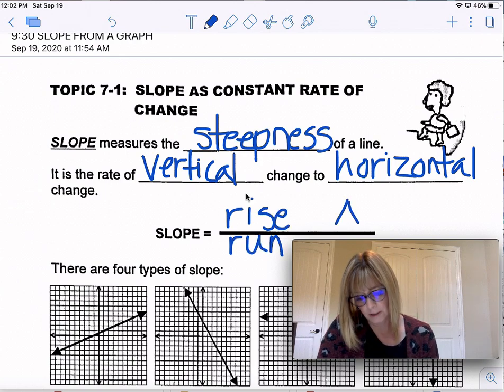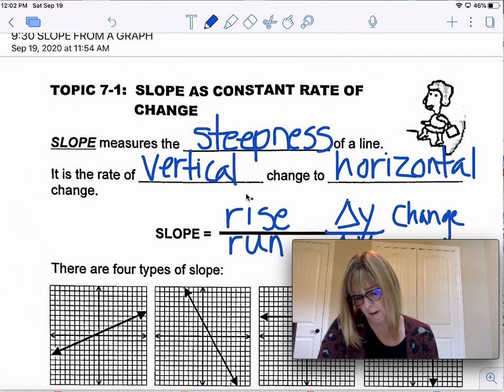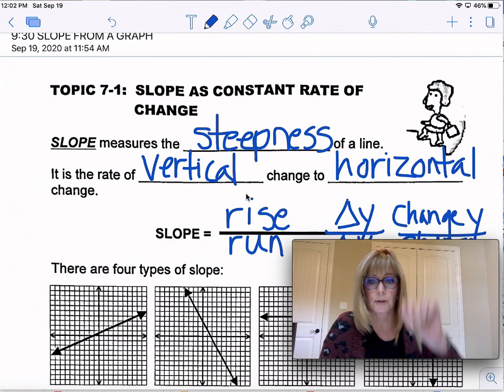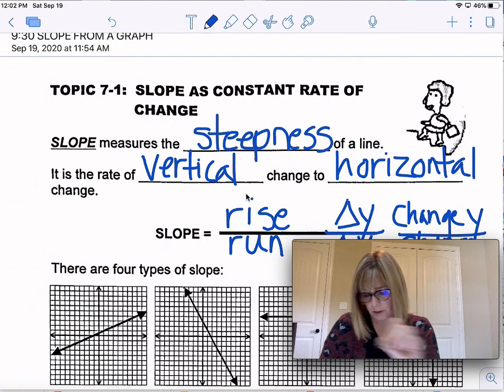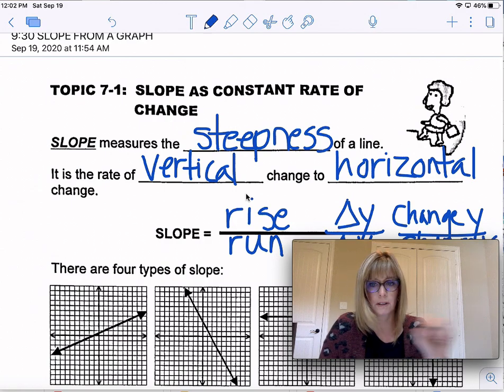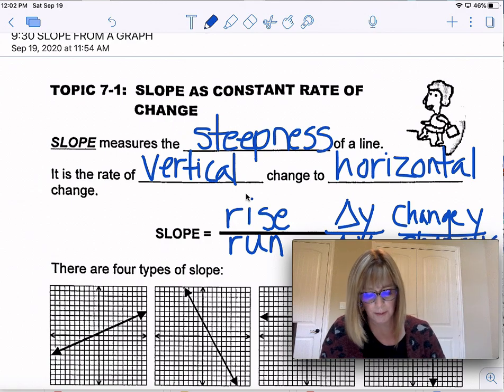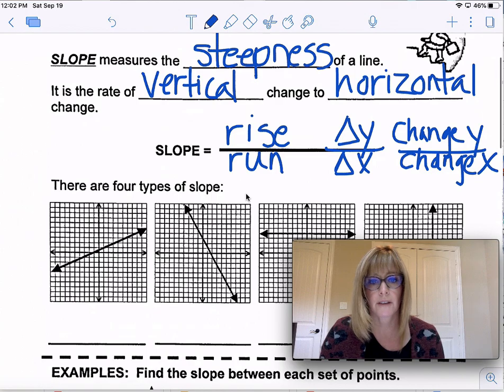Sometimes I use this little triangle, which means change in y over the change in the x. Remember the y-axis goes vertically, so it's this change over the change in the x, which is the horizontal axis.